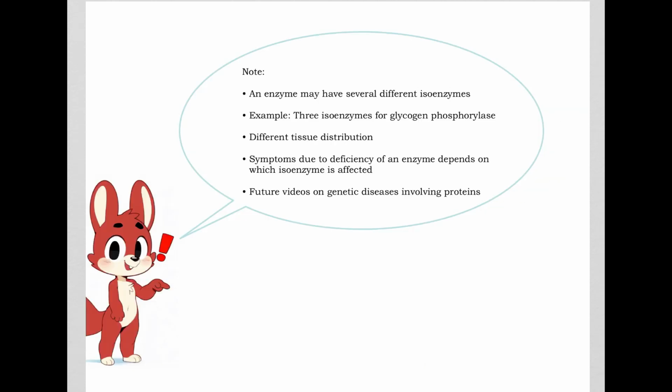Before we leave, a few words about isoenzymes. It's important to note that a protein, such as an enzyme, may have different forms. These are called isoenzymes. For example, for glycogen phosphorylase, there are 3 types of isoenzymes that we know exist in humans, and these isoenzymes have different tissue distribution.